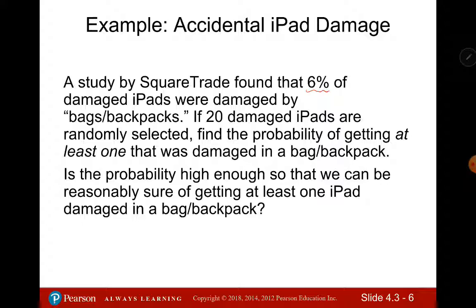The probability of the damaged iPad being damaged by a backpack. This time 20 iPads are selected. We want to select 20 iPads, and we want to find at least 1 were damaged in a backpack.